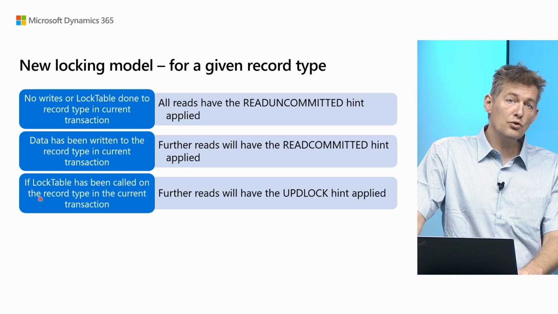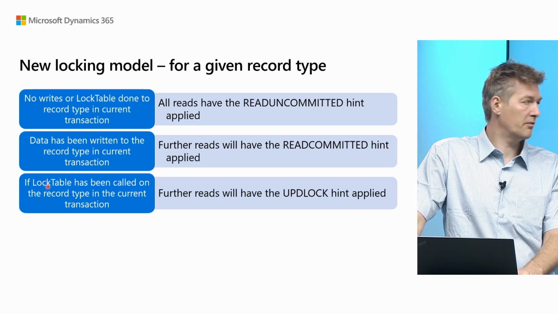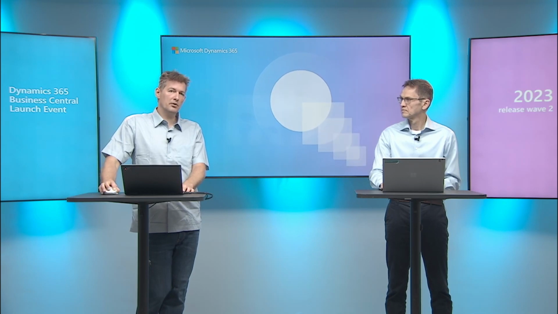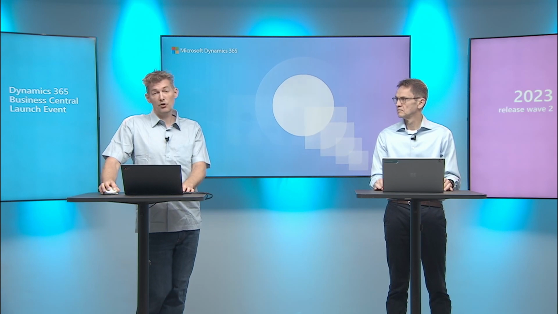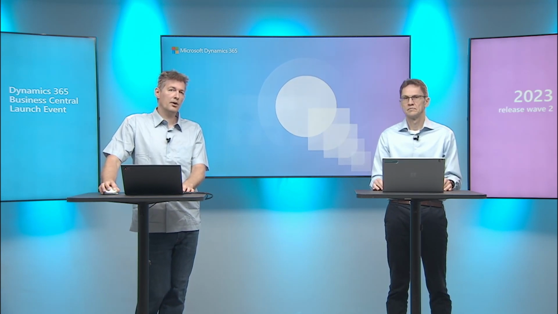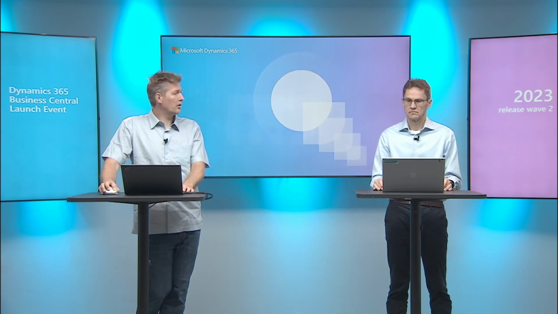And you should do the same for your code. Of course you have LockTable sprinkled over your code as well, because before this you couldn't do otherwise. You need to look at these critically and see, do I really need exclusive locks with LockTable, or can we do better with the new locking regime?